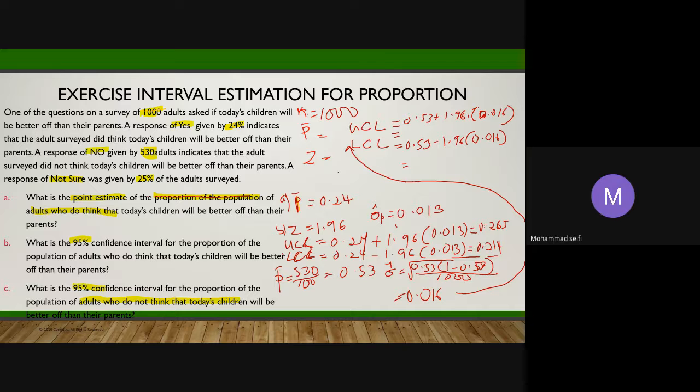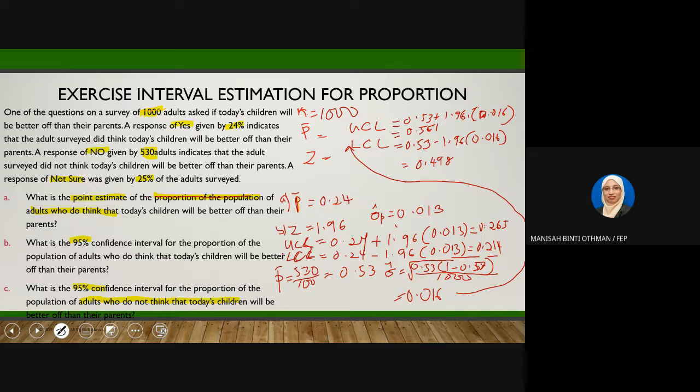So for upper, it will be 0.561. Yes, for upper. Okay. Lower? 0.498. Okay.